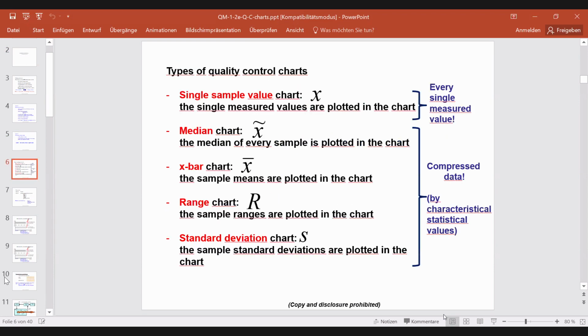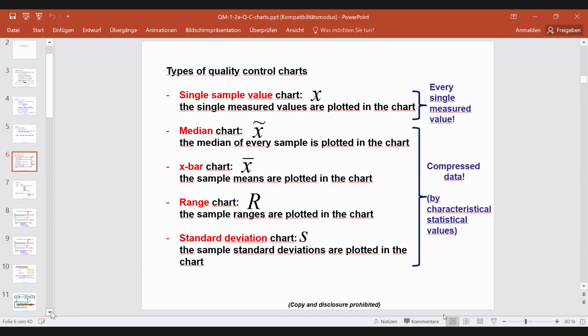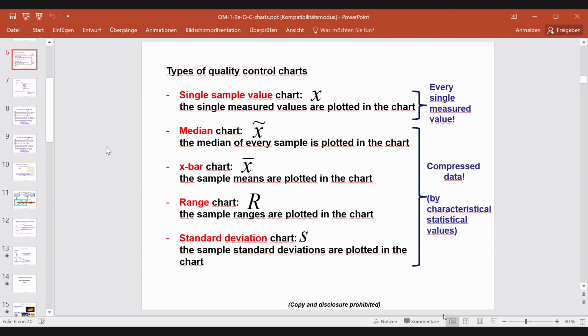Well, the tool is a quality control chart. And in the quality control chart, you have one line for the mean and one line for the variation. For the mean, you can use the mean value of every sample. So you take out a sample, maybe 5 parts, you get the mean of the sample, and this is what you write into the quality chart.